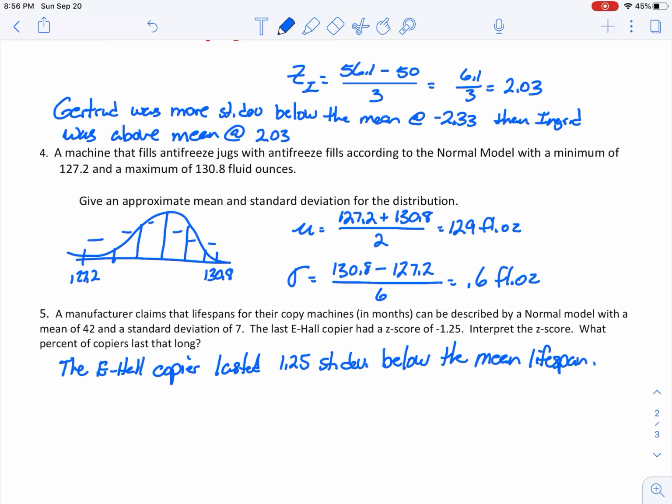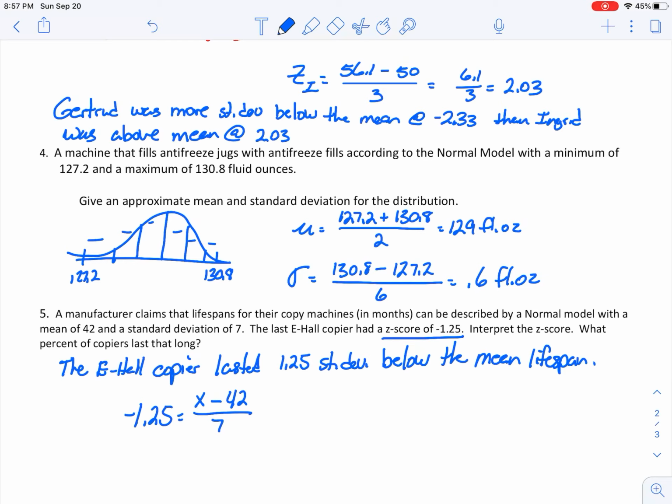Now, this is that extension part. In our homework, we probably had a percent to go back to a value of X. This one has a Z-score, so negative 1.25 is my Z-score. The observed value is what I'm trying to find. I'm expecting it to last 42 months, and it had a standard deviation of 7. We could find the percentile to the left of negative 1.25 in a table, and then use our calculator with an inverse norm and go backwards.